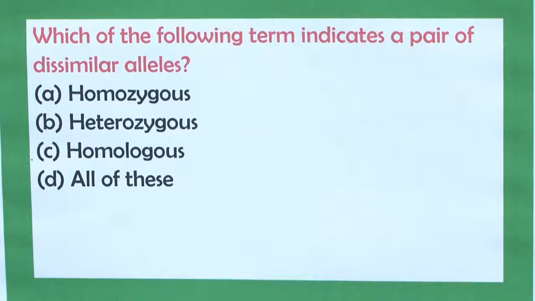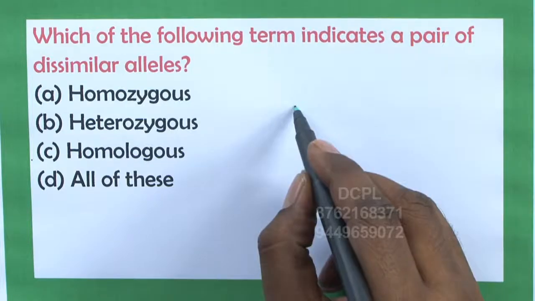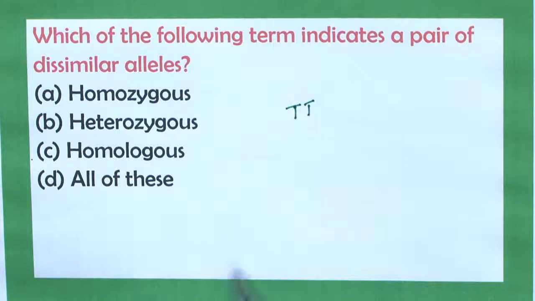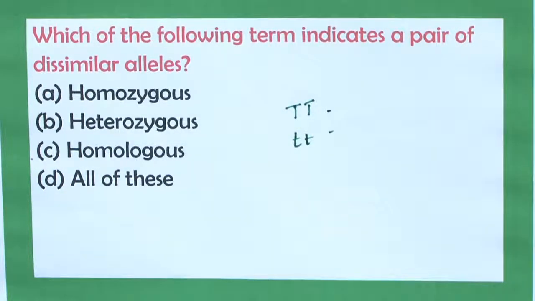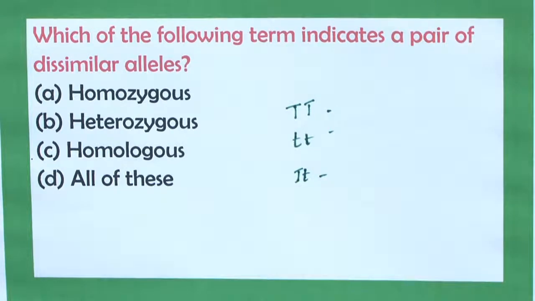Which of the following terms indicates a pair of dissimilar alleles? Sometimes the alleles may be identical, sometimes non-identical. An identical pair of alleles is called a homozygous condition. For example, with respect to height in the plant, capital T capital T or small t small t is called a homozygous condition, and capital T small t is called a heterozygous condition.